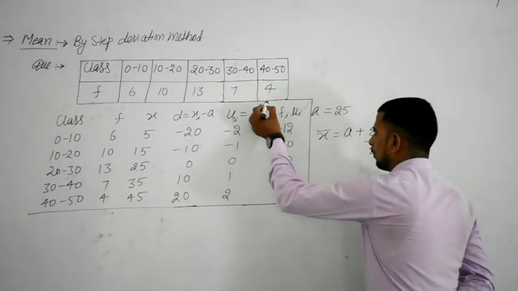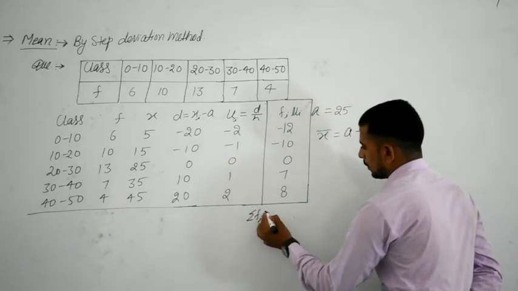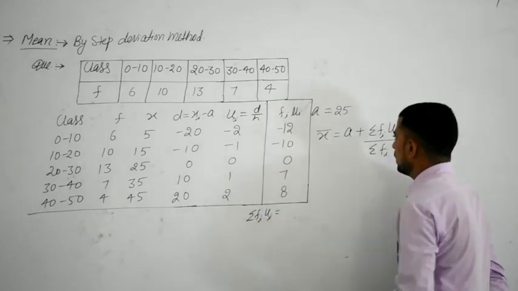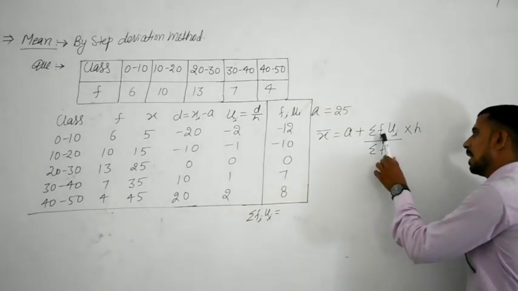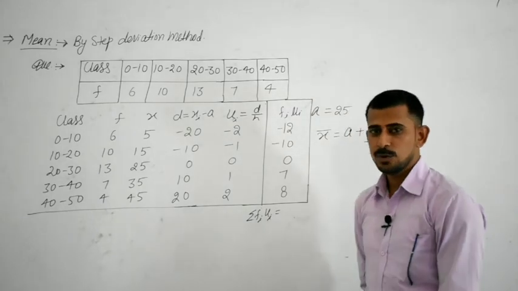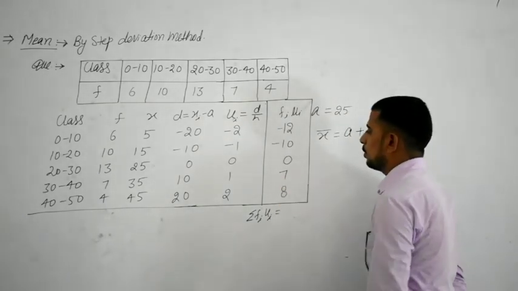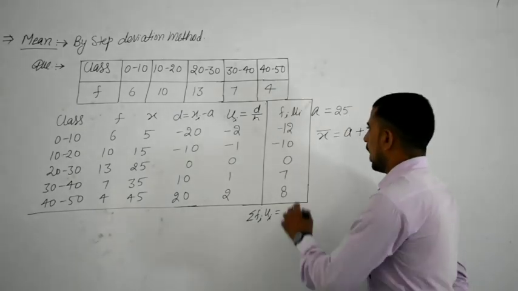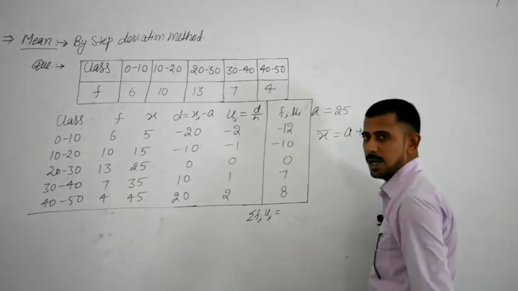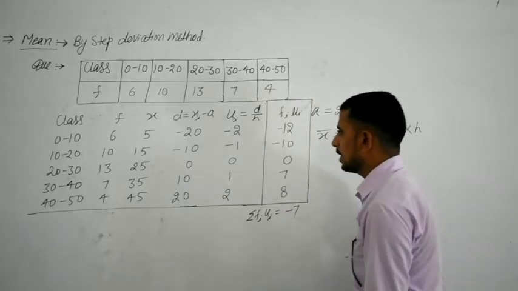Now look at this formula. We want the value of summation fi ui, which means the sum of all the values of fi ui. First, the positive values: 8 plus 7 is 15, and 12 and 10 make minus 22, plus 15, then the value is -7.